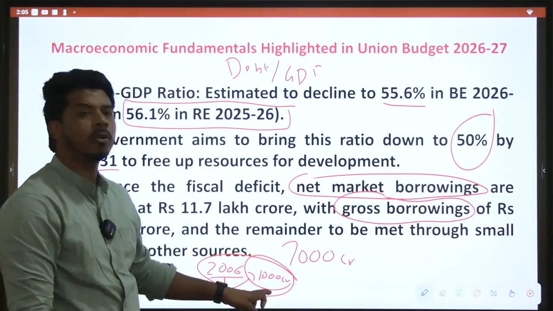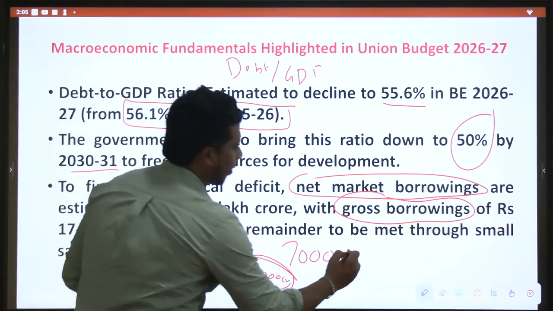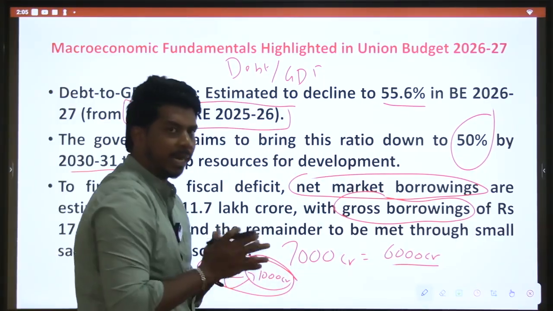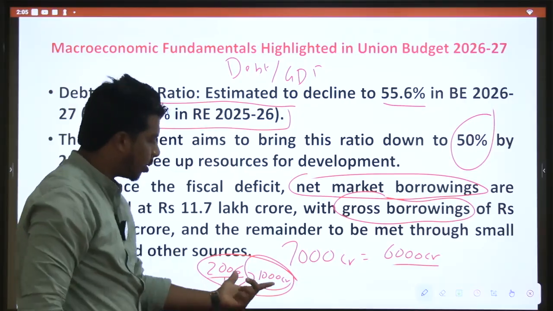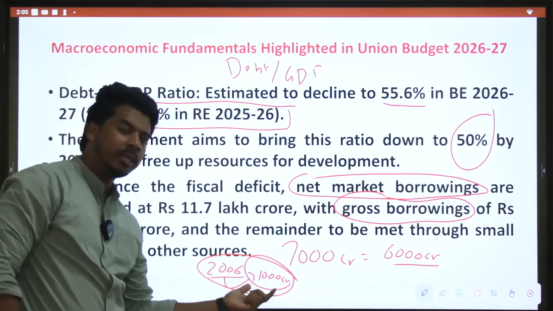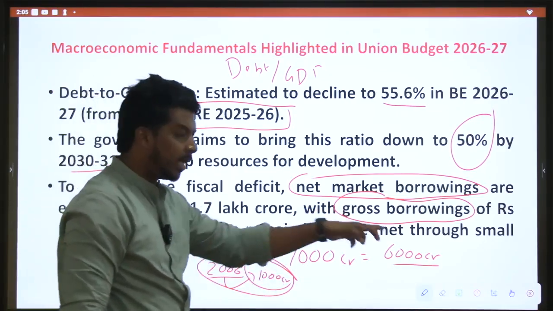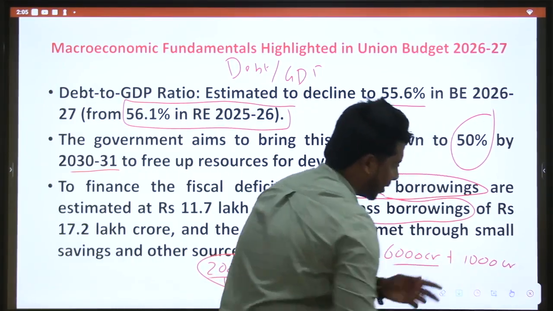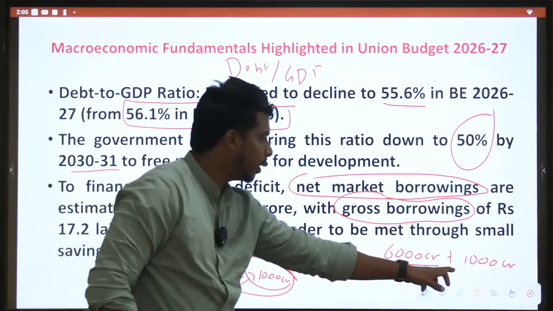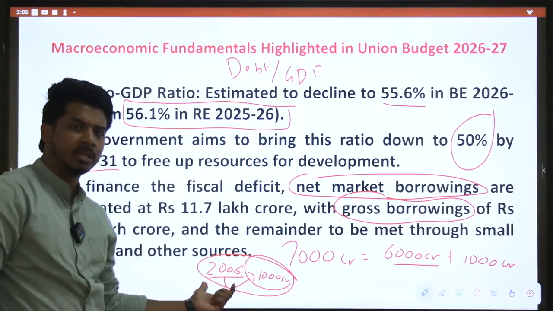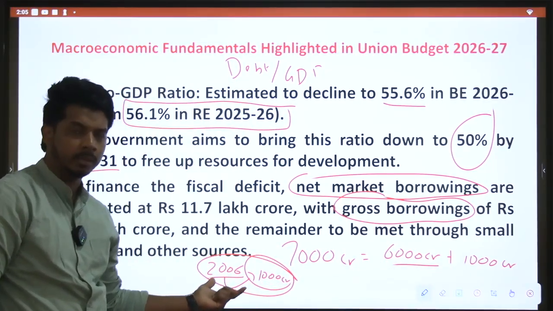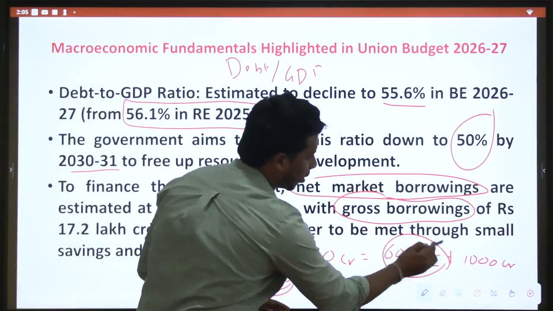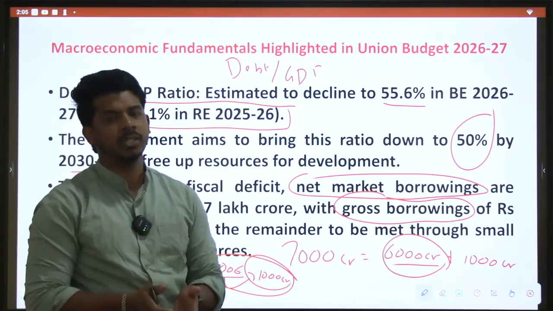So of the 7,000 crore, I need only 6,000 crore for my actual needs. But I also have another past loan which I need to pay this year. So I need to borrow another 1,000 crore freshly, to fund the closure of my past borrowing. So this 6,000 crore is the net market borrowing which I actually need.